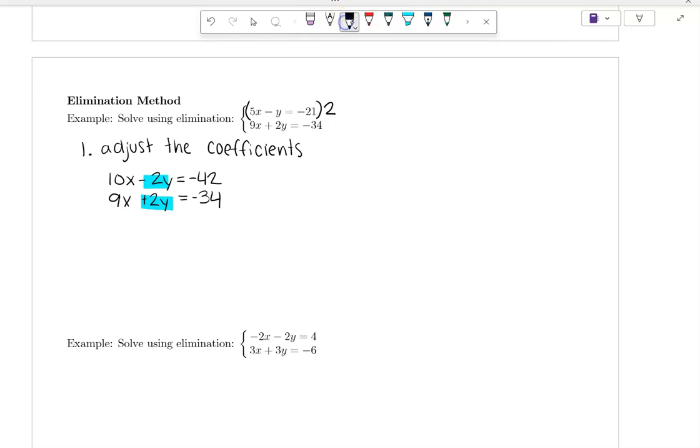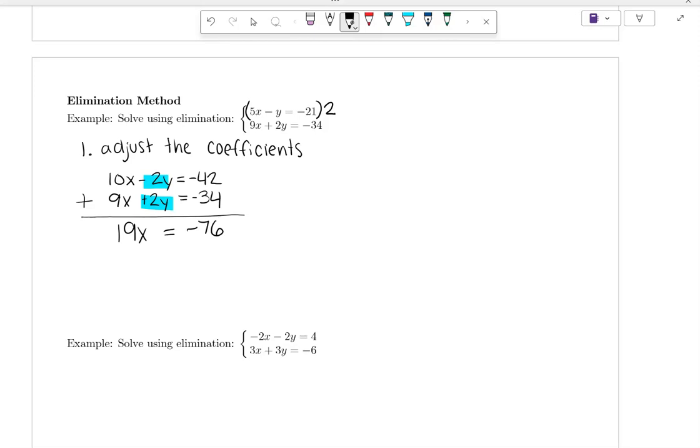So I got those variables to be the same, but opposites, because if I add these 2 equations together, then I get 19x, negative 2y plus 2y is 0. So our y's are canceled out. And then negative 76. So that's the main thing in elimination.